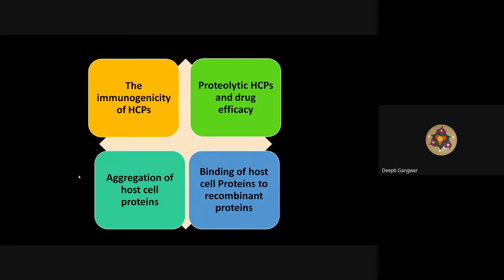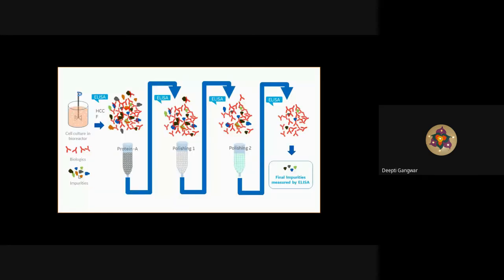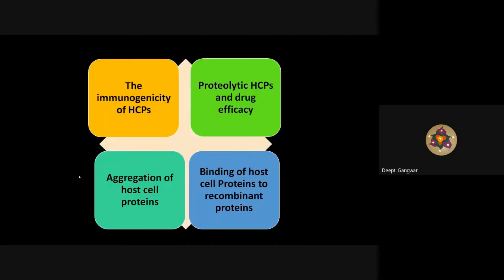So moving on to the next aspect, proteolytic HCPs. The first aspect was safety: immunogenicity would cause a problem with the safety of the molecule. The second is the proteolytic HCPs. Any cell contains lots of proteases, lipases, and other chopping machinery available for cleaving proteins.